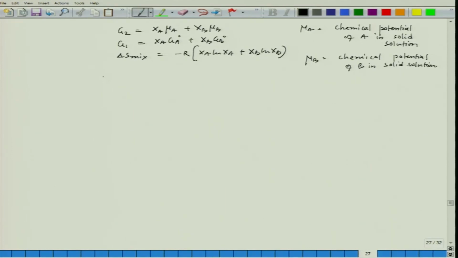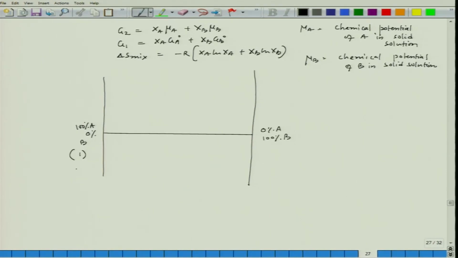Now, let us see how the plot looks like. Let us say this is 0% B, 100% A, this is 0% A, 100% B, that means these two are pure end. If we try to see their mole fraction, this is 1, this is also 1, here the mole fraction of B is 1, here the mole fraction of A is 1.